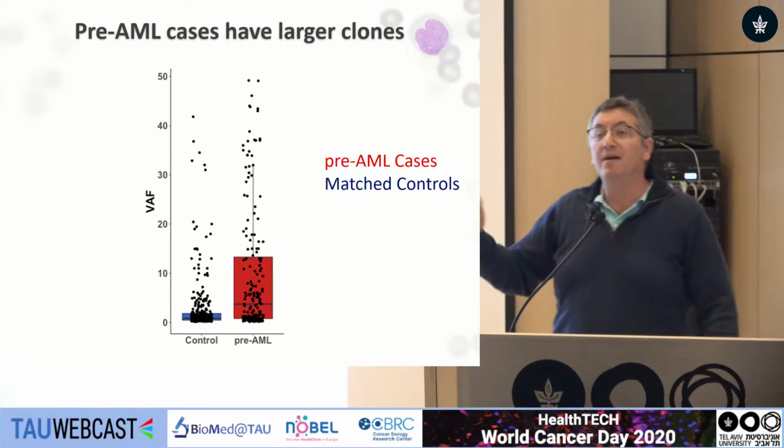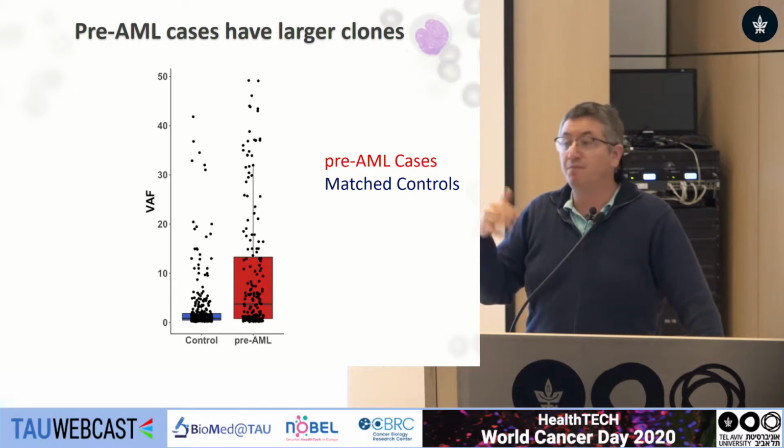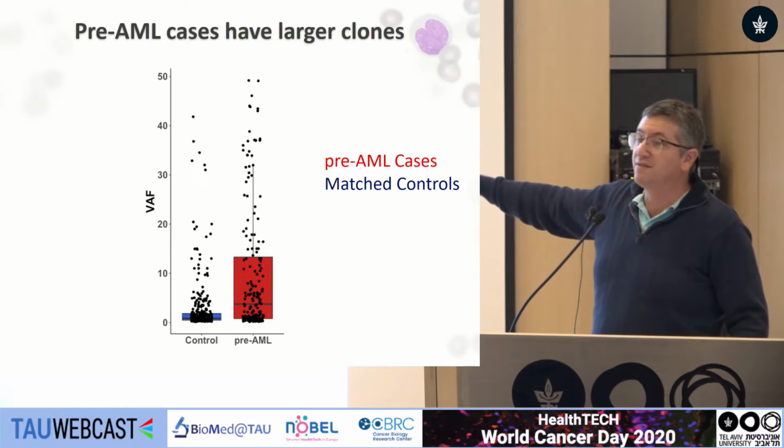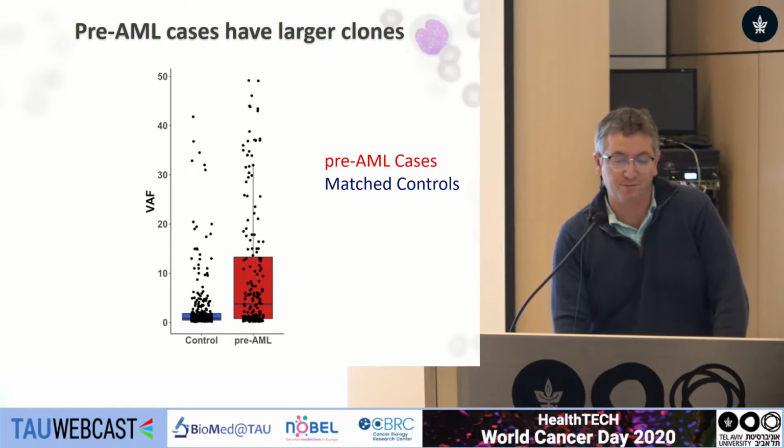And probably some epigenetic evolution is happening even without the accumulation of the next set of mutations, which leads to the more aggressiveness of these early stages of the tumor.